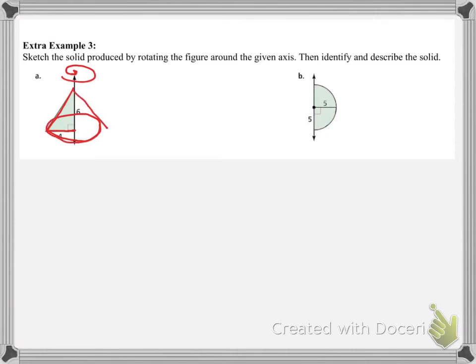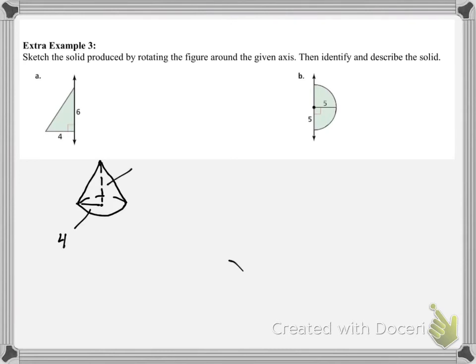It looks like I'm going to have a cone, because this triangle is going to sweep out. We do dotted lines in the back, and it's going to create a cone with a radius of 4 and a height of 6.